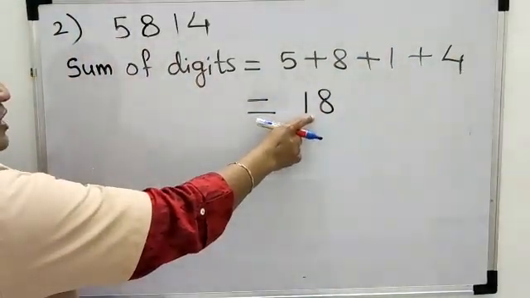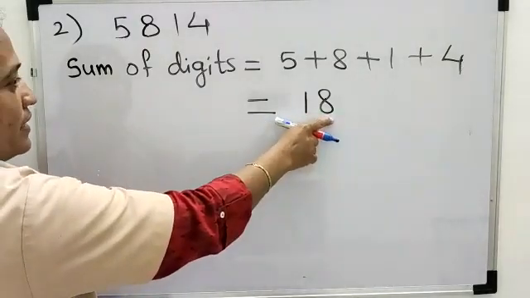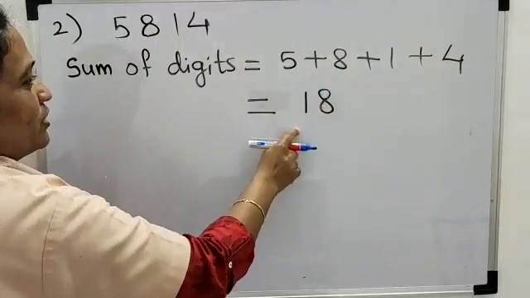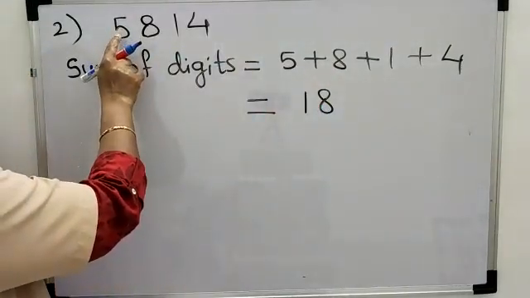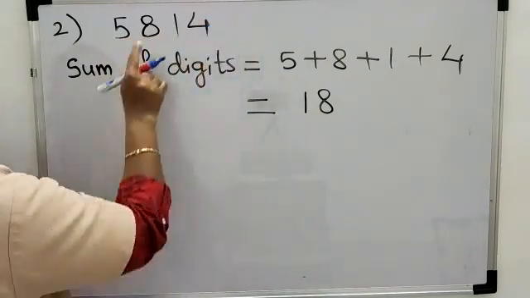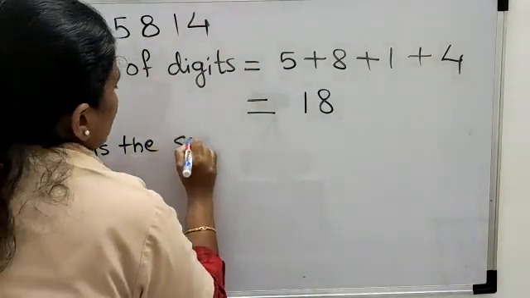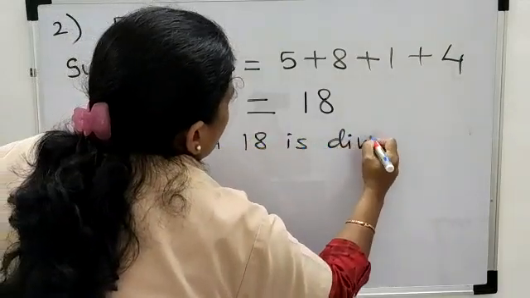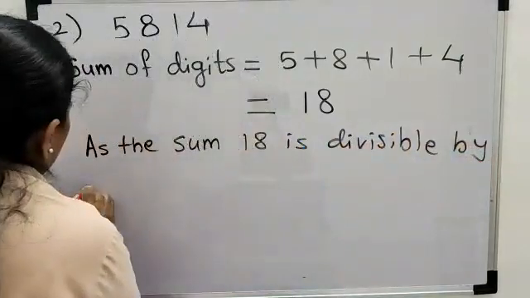18 comes in table of 3. 3 into 6, 3 6s are 18. Thus 18 is divisible by 3, and so I can say that 5814 is completely divisible by 3, as the sum 18 is divisible by 3.